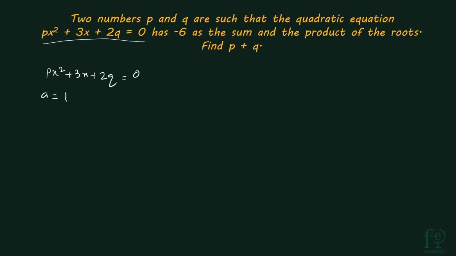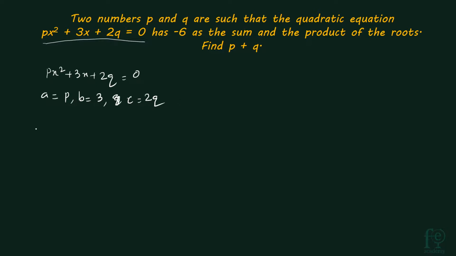A is equal to p, b is equal to 3 and c is equal to 2q. We are just comparing it with the standard equation ax square plus bx plus c is equal to 0. Here it is given that the sum of the roots is equal to minus 6, and the product of the roots is also equal to minus 6.